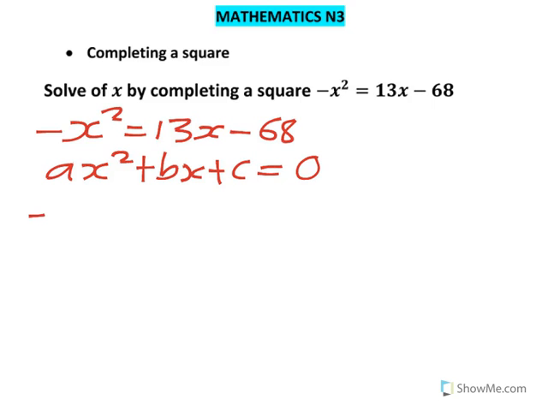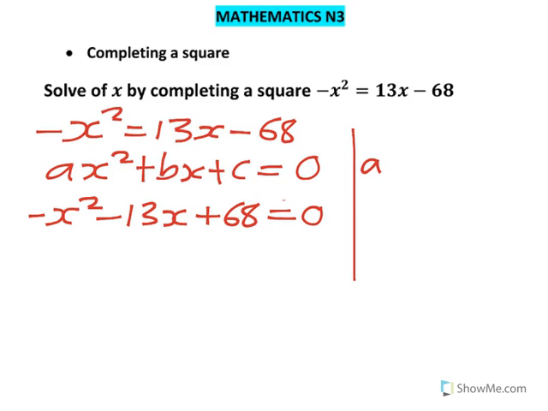So you write it as it is, minus x squared, take 13 to the other side, it is minus 13x, and then plus 68 equal to 0.